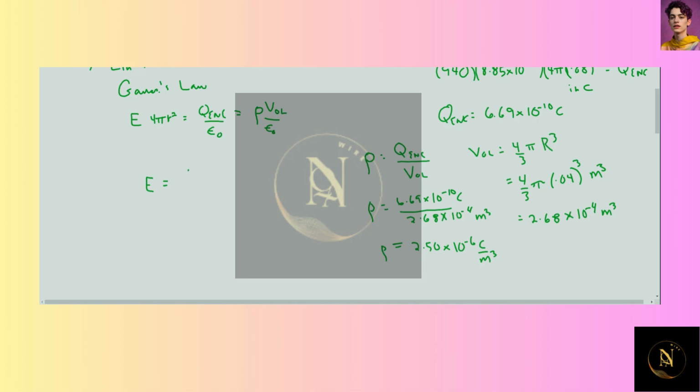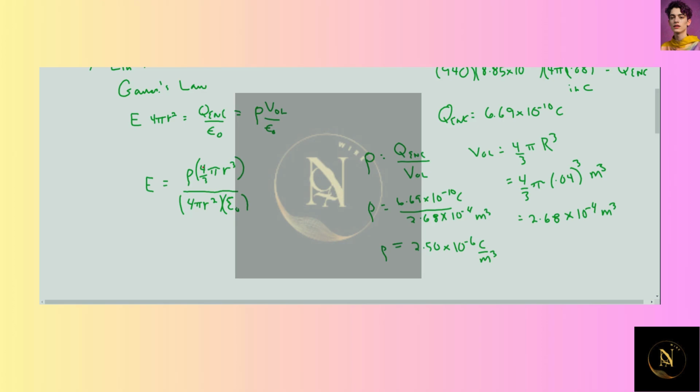So let's see. The volume is 4/3 pi r cubed. We multiply by the density, divide by 4 pi r squared from the surface area, and also the epsilon naught constant.